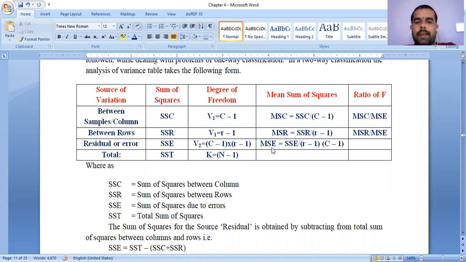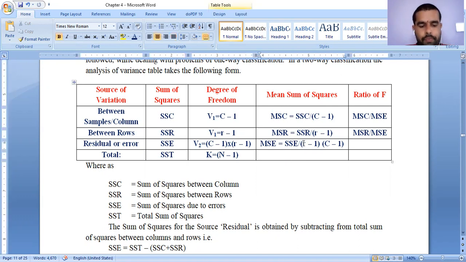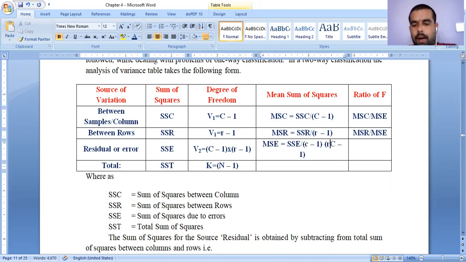Then to get the MSE value, the same procedure which you applied for MSC and MSR will be applicable in this case also. That is MSE is equal to SSE divided by R minus 1 into C minus 1. Okay, not R minus 1, a small change here: this is (C minus 1) into (R minus 1).